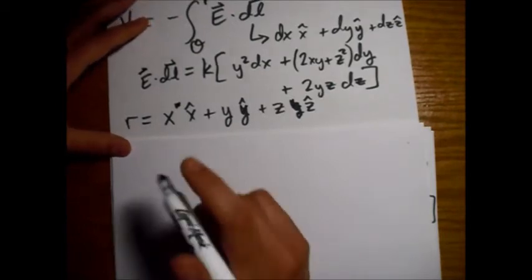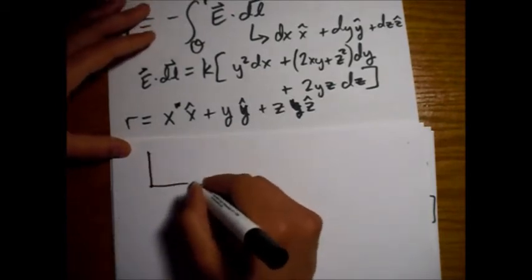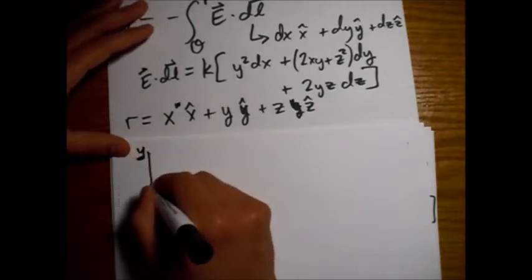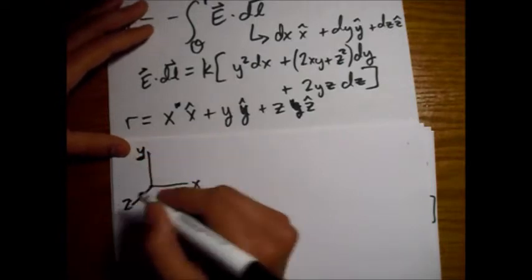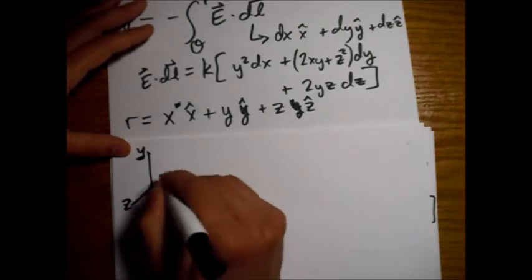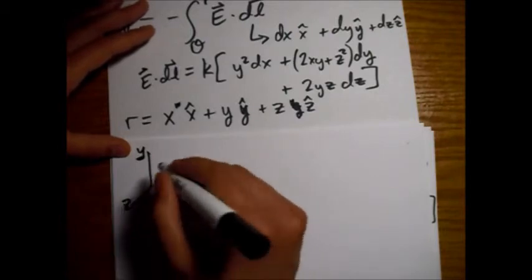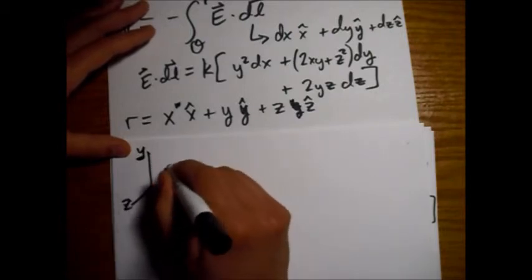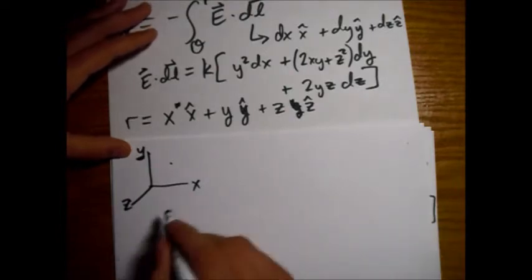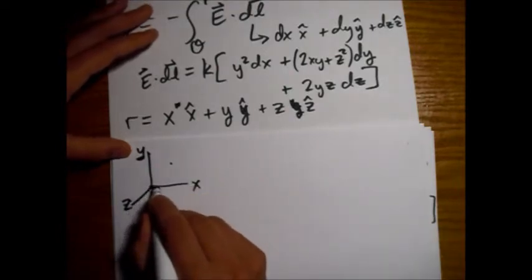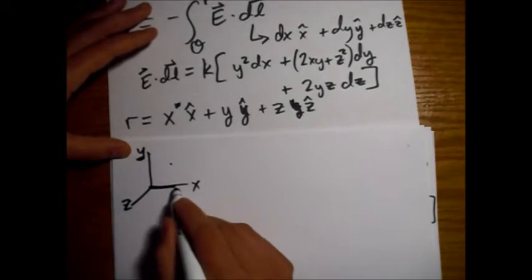So if you have a coordinate system with x, y, and z, and a point out here somewhere in space, we're first going to follow the x-axis.